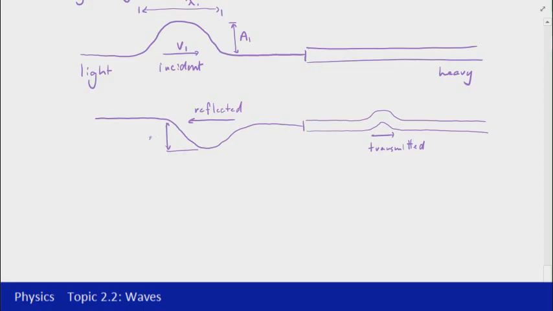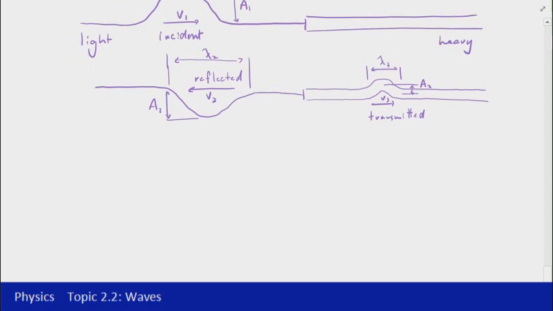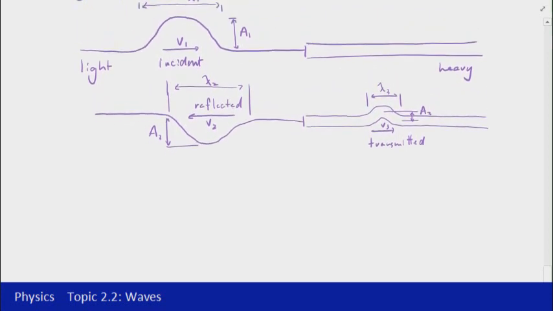So we've got the amplitude A2, we've got the wave speed V2, and we have the pulse width again, so this length here will be lambda 2, and then likewise over here we've got our pulse width, I'll call that one lambda 3, speed V3, and the amplitude, so we'll look at the center of the rope, how much that's moved, and so that would be our amplitude A3.